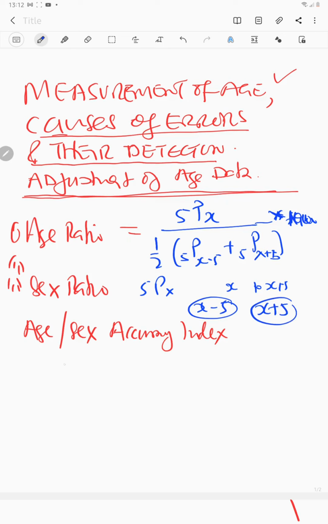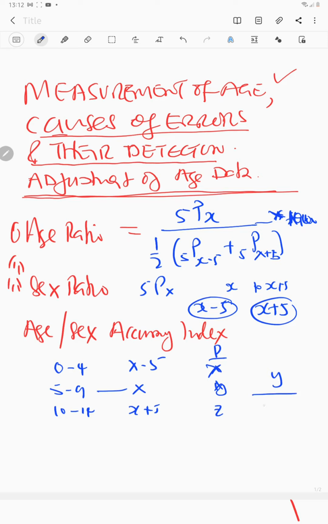So if you have ages 0 to 4, 5 to 9, and 10 to 14, this one is x, this one is x plus 5, and this one is x minus 5. If you have populations x, y, and z, you can say the population for x is y over the population for the other one, x plus z, and then you multiply by 0.5, which is half, and then multiply by 100, so that you can specify the age ratio you want.